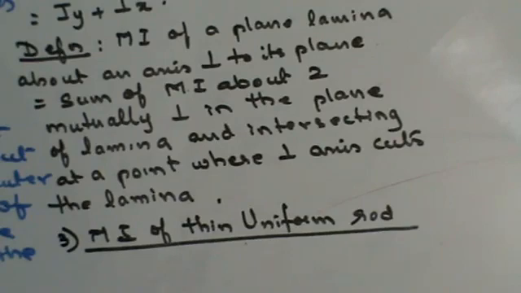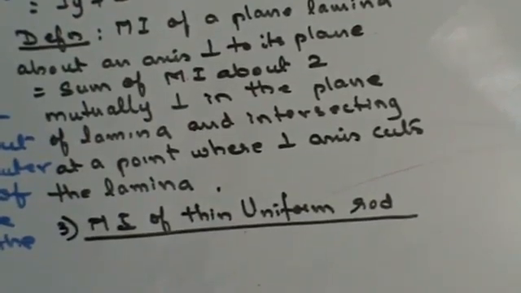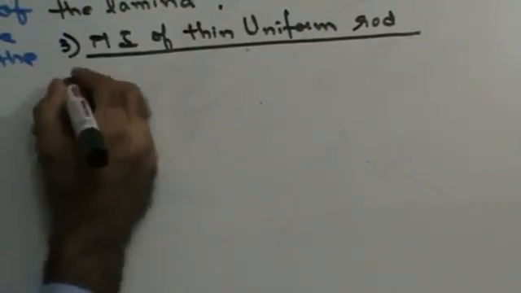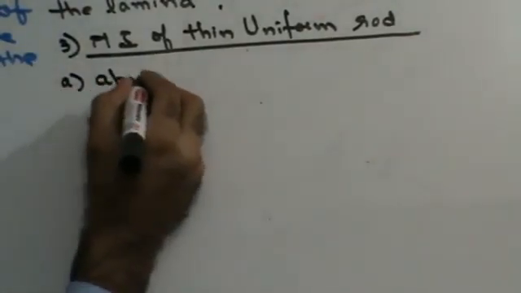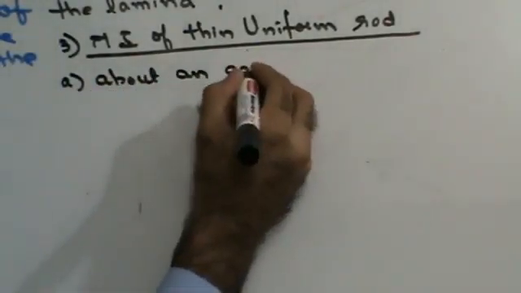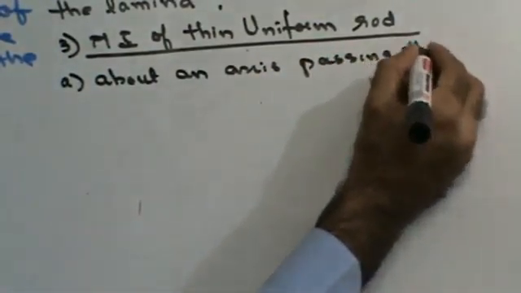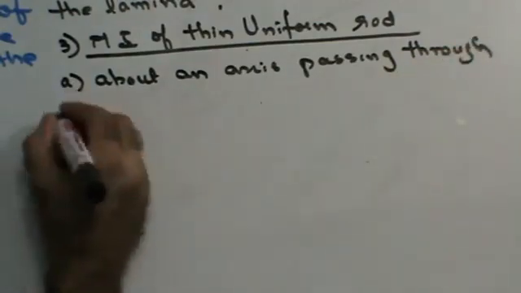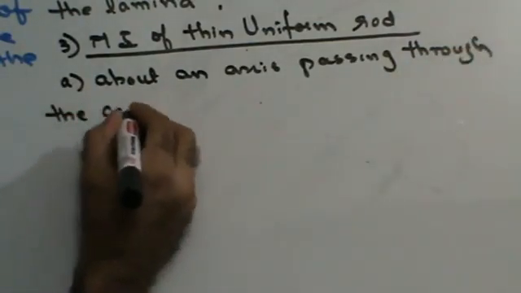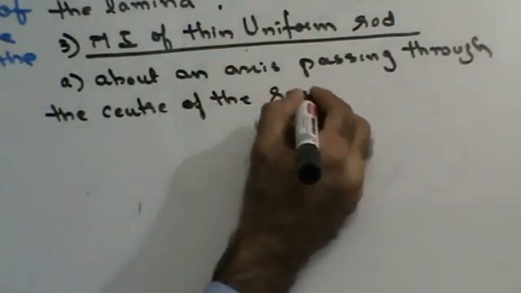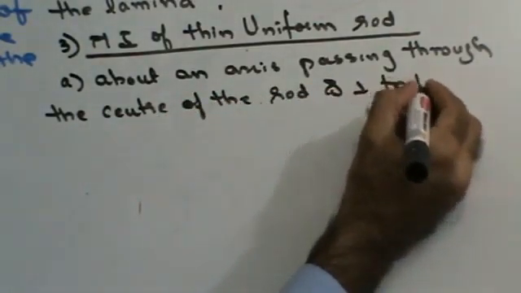If I'm finding out the moment of inertia of a thin uniform rod, first let me find out the moment of inertia about an axis passing through the center of the rod and perpendicular to the rod.